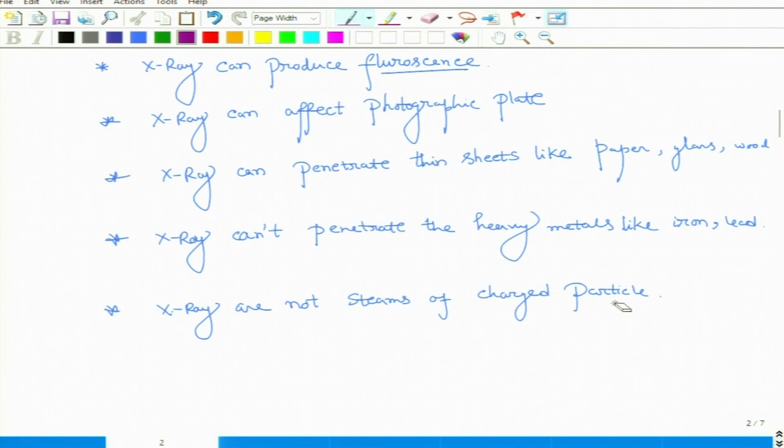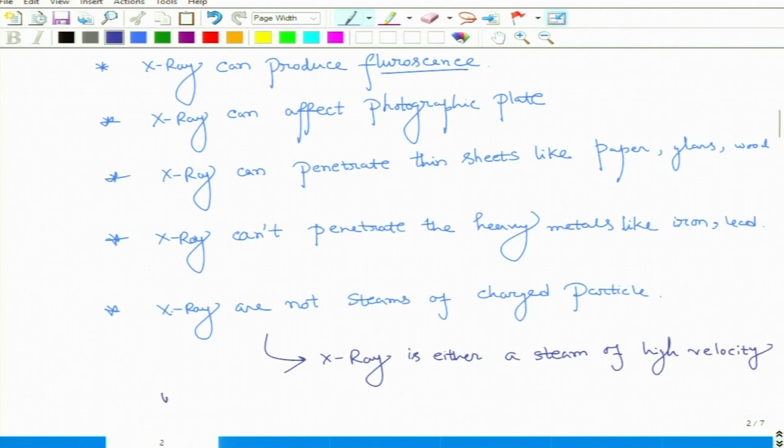What is the X-ray? This observation confirms that X-ray is either a stream, or flow, of high velocity uncharged particles.